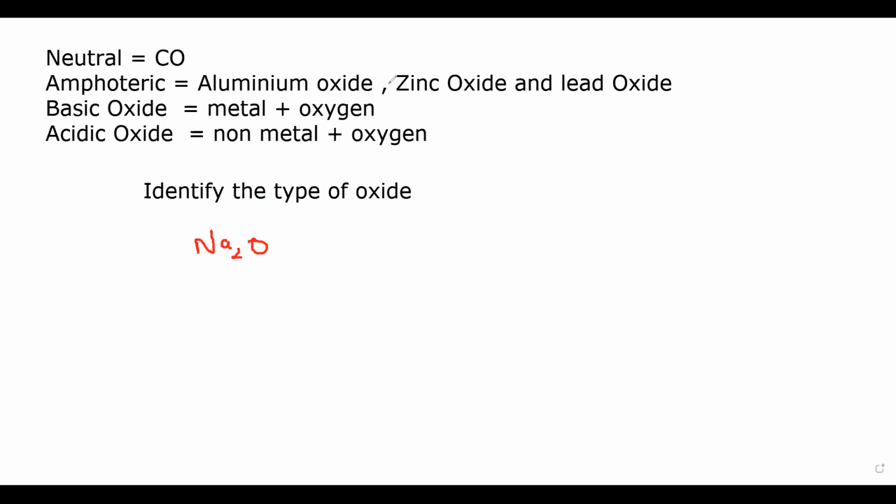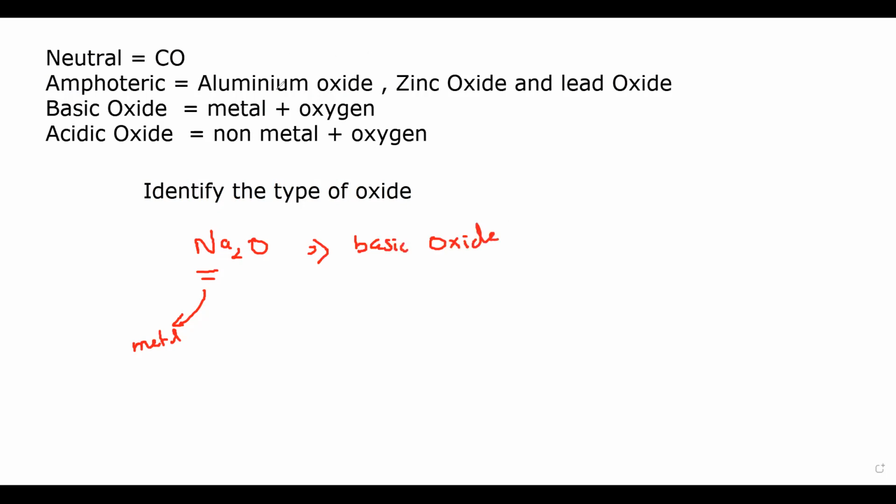First, I will check the exceptions. The three amphoteric are there, one neutral. If it is not from this category, then I have to check only the element which is here. The element here is a metal. So if the element which is attached with oxygen is a metal, what kind of oxide will this be? This will be a basic oxide.